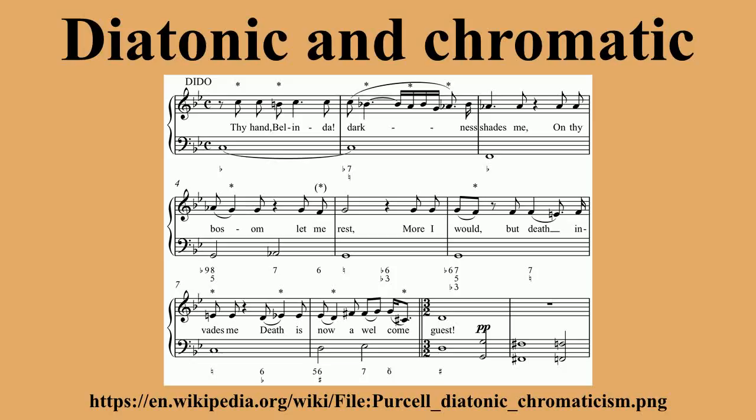In systems other than equal temperament, however, there is often a difference in tuning between intervals that are enharmonically equivalent. In tuning systems that are based on a cycle of fifths, such as Pythagorean tuning and mean-tone temperament, these alternatives are labeled as diatonic or chromatic intervals.